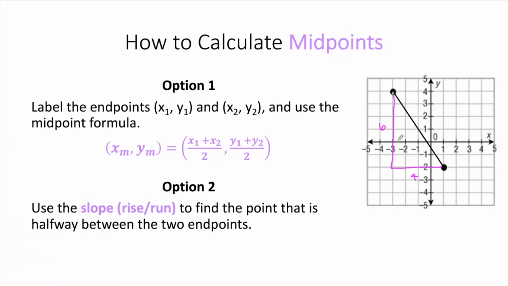So instead of going down 6, if we just go down 3 units, and then instead of going over 4, we're going to go over just 2. So instead of down 6 and over 4, to find the midpoint, we'll go down 3 and over 2. And that point right there is the midpoint. And so the coordinates of that point are -1, +1.